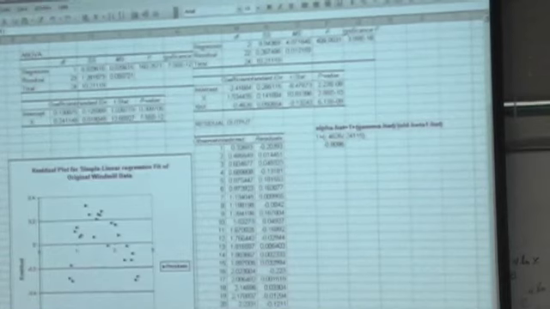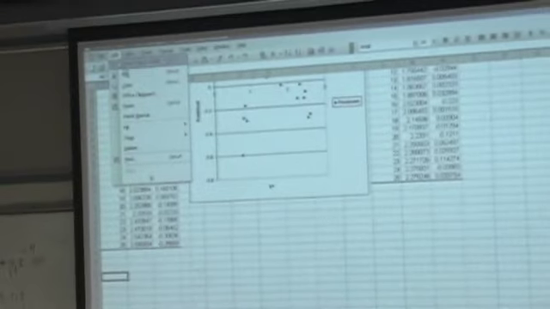Okay? What's the other regressor I need? Okay, there we go.